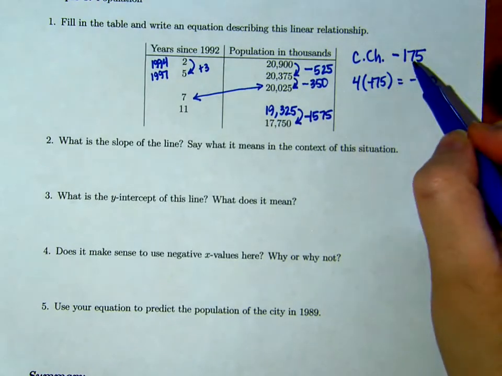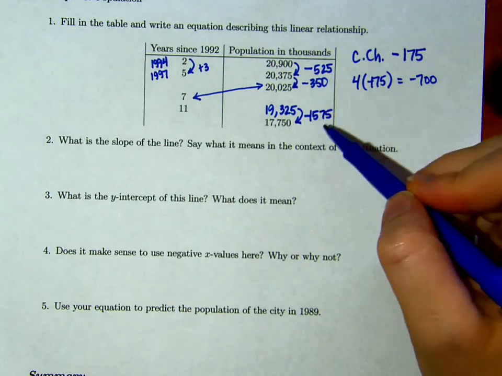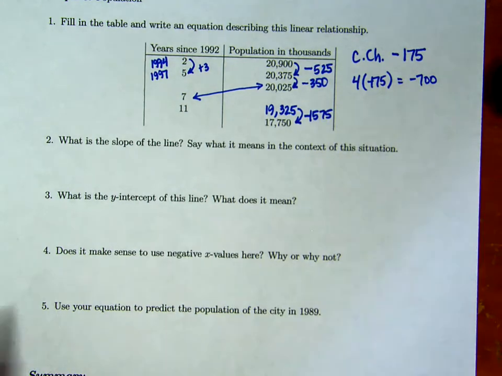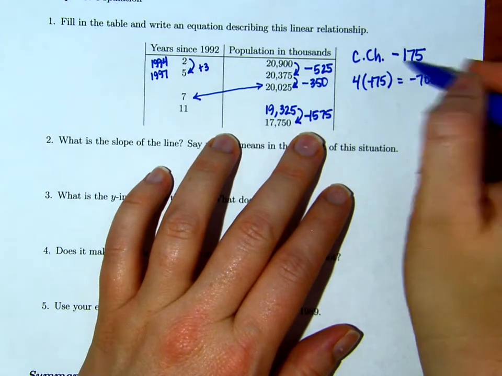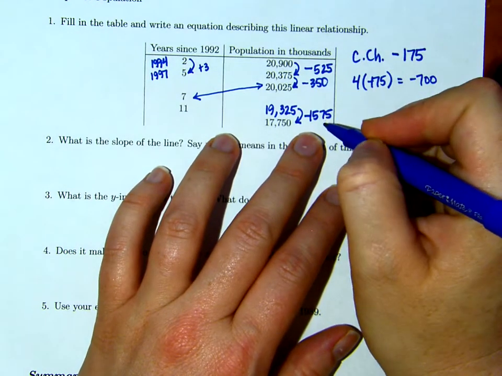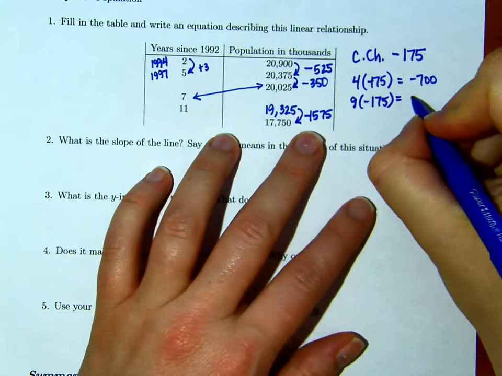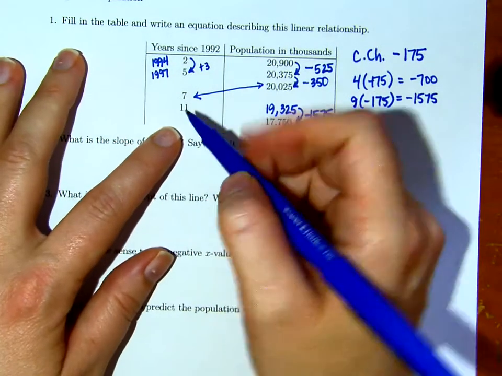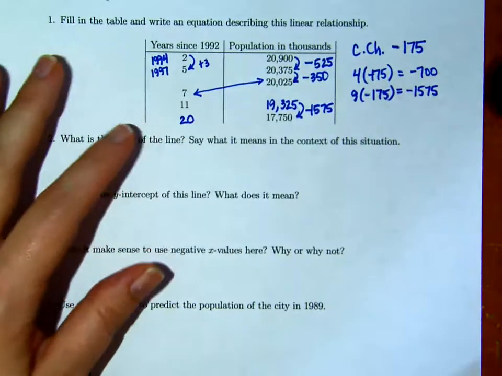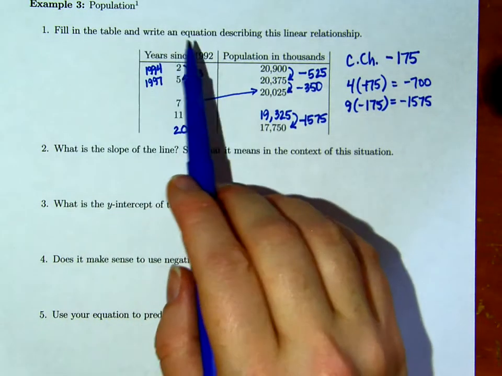How many of these does it take? So how many constant changes do I have to do in order to get 1,575? Well, that's a division problem because it's asking how many sets of these are there in that. 9. 9 of these makes 1,575. So just to show my arithmetic to the side here. So that means 9 years difference here.